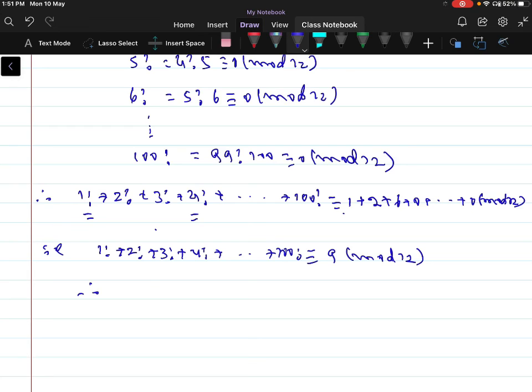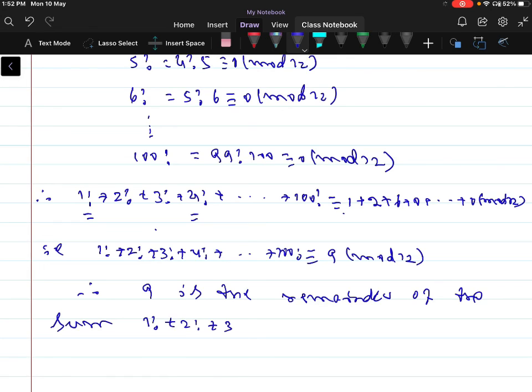Therefore, 9 is the remainder of the sum 1 factorial plus 2 factorial plus 3 factorial and so on plus 100 factorial when divided by 12.